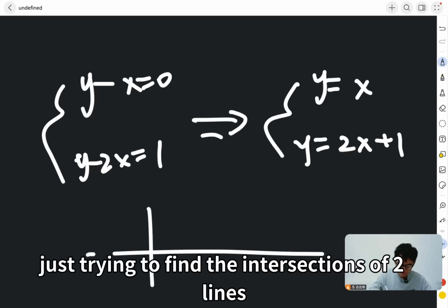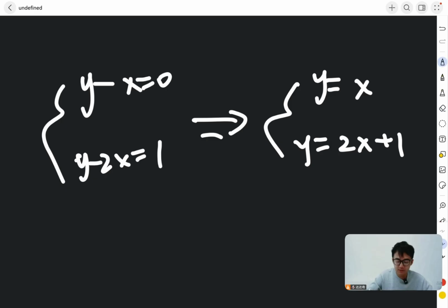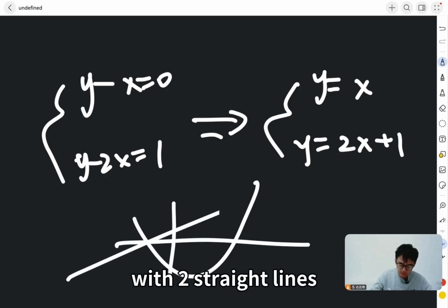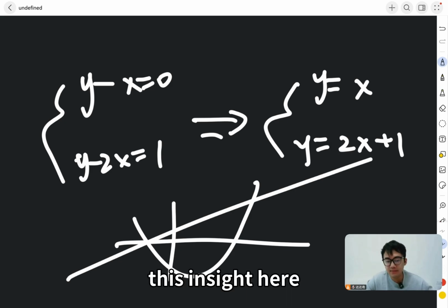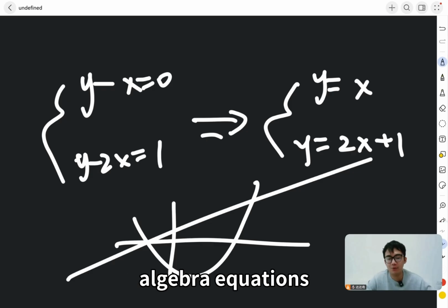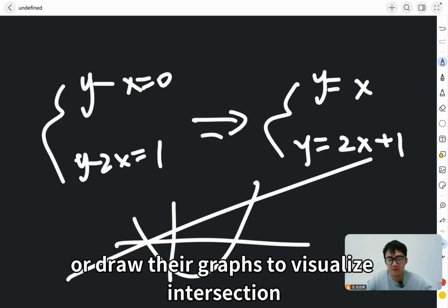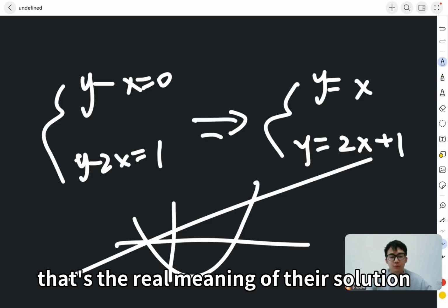We are just trying to find the intersections of two lines, or maybe a parabola with a straight line. But anyways, it can be solved with the x-y coordinate system. The insight here is that we can either solve the dry algebraic equations or draw their graphs to visualize the intersection. That's the real meaning of their solution.